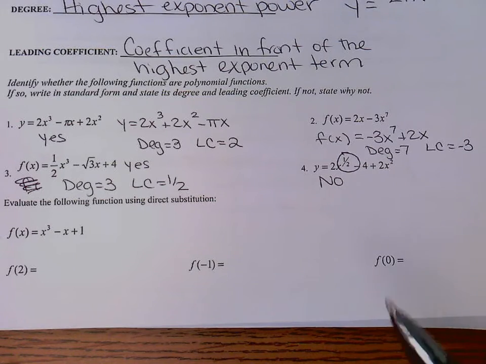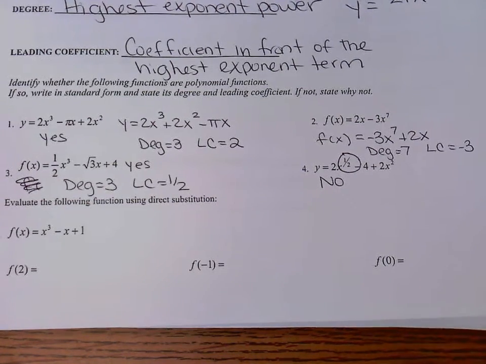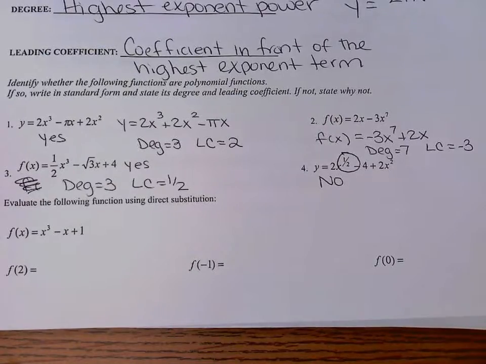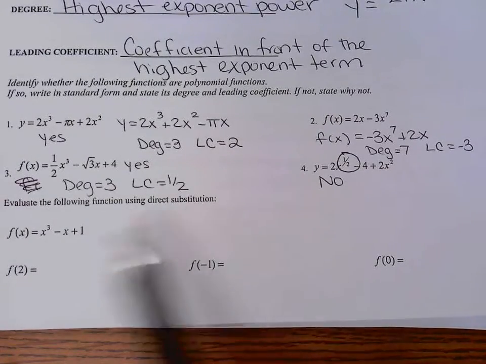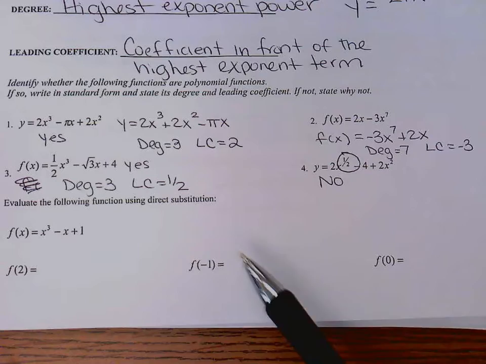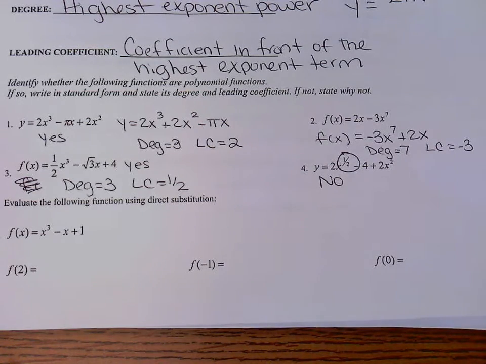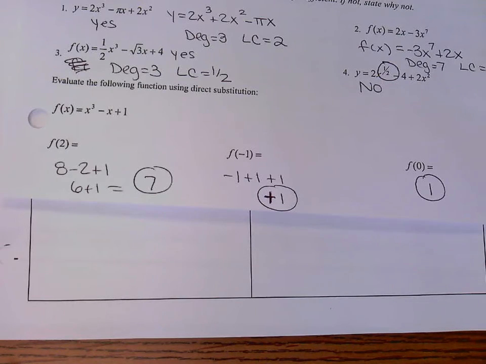We just don't have time this year to do synthetic substitution and synthetic division. So if there's a couple of you that want to see it, I could show you that other method just for interest. But this direct substitution, plug in 2, see what you get. Plug in -1, see what you get. And then for 0, you got +1, right? Okay.